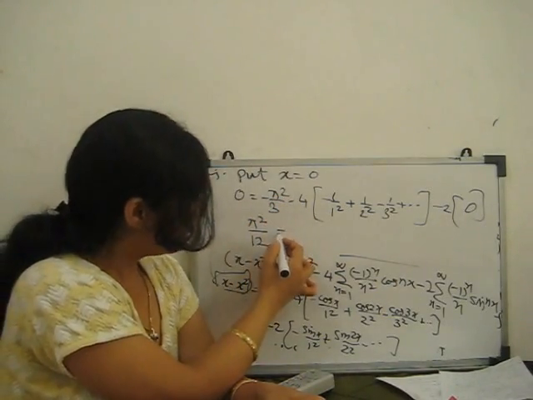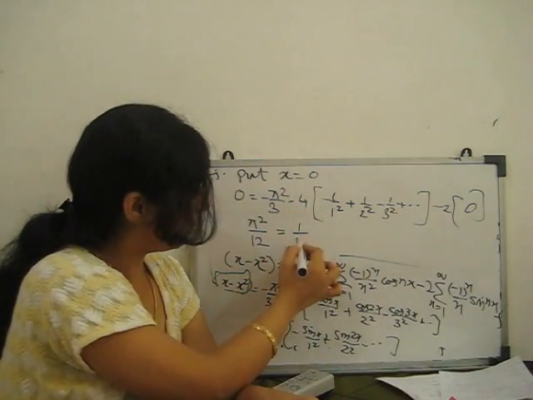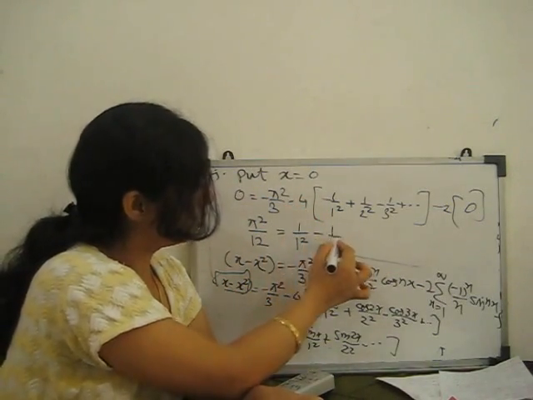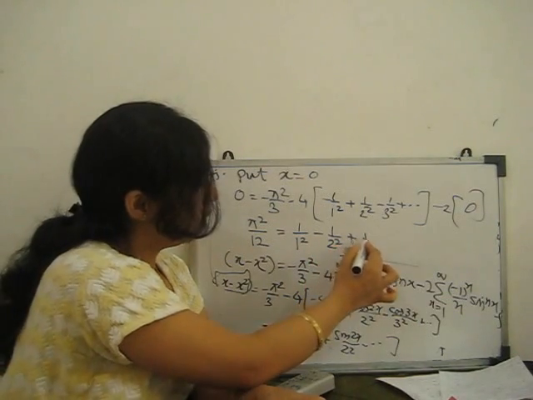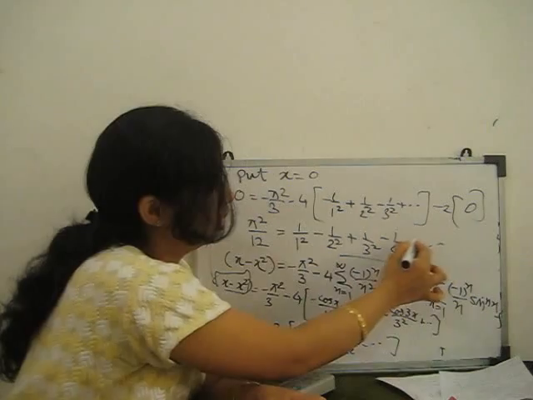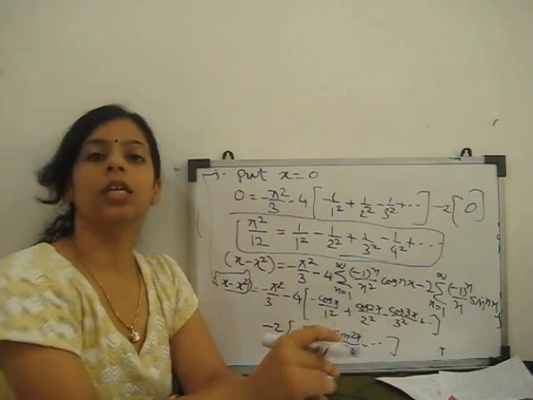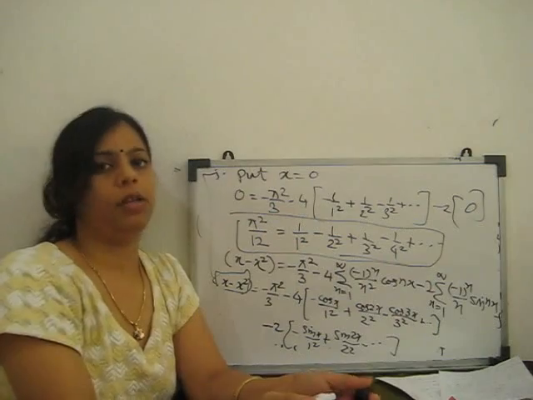Correct? Equal to this, minus and minus merge: 1 upon 1 square minus 1 upon 2 square plus 1 upon 3 square minus 1 upon 4 square. So this is our required series for the given question.